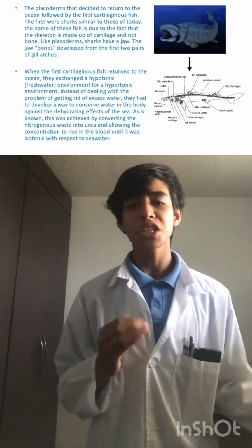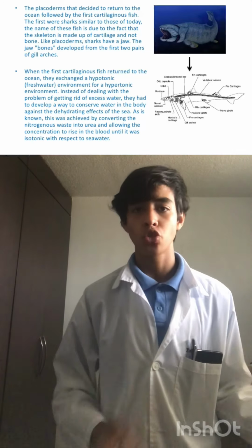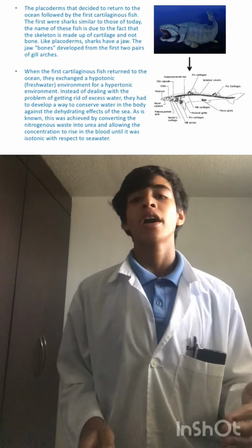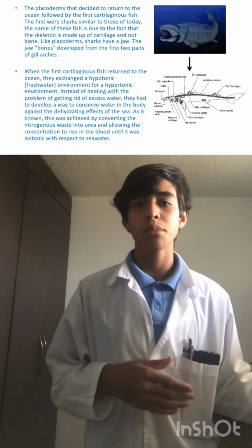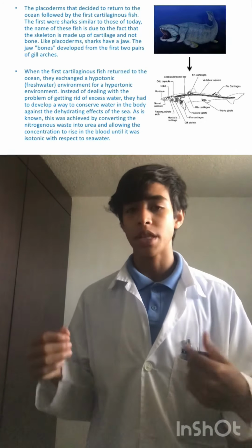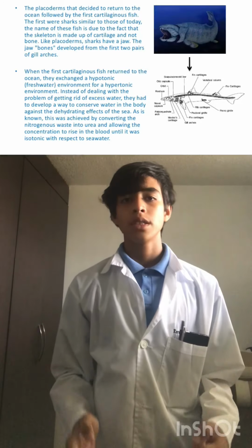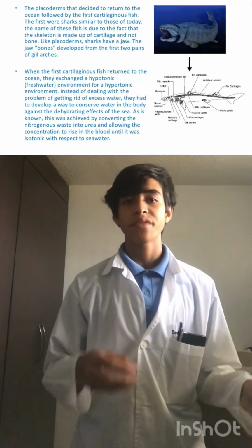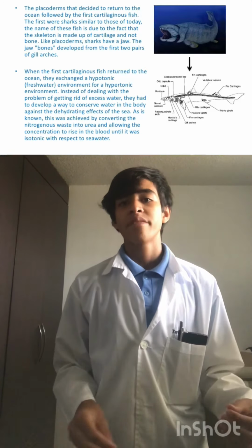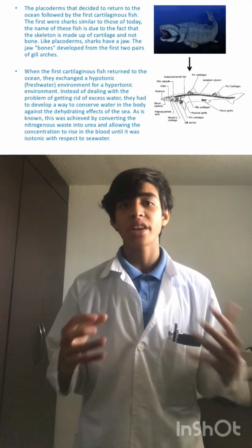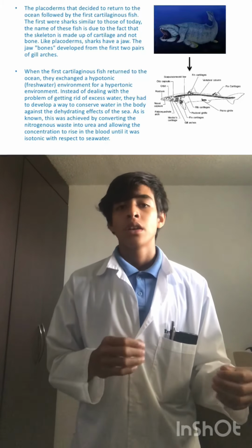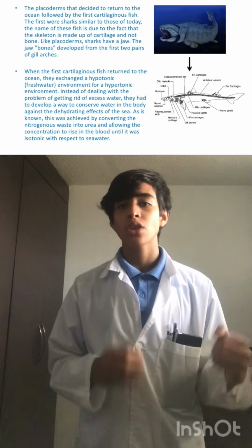When the first cartilaginous fish returned to the ocean, they exchanged a hypotonic freshwater environment for a hypertonic environment. Instead of dealing with the problem of getting rid of excess water, they had to develop a way to conserve water in the body against the dehydrating effects of the sea.